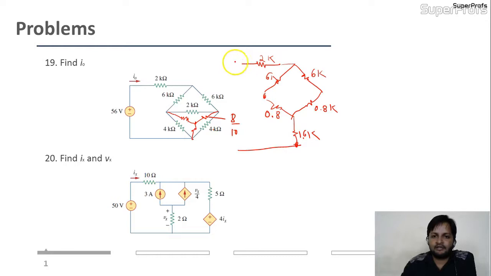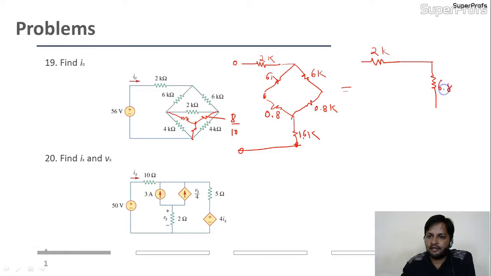Now the circuit is resolved. See, the 6K and 0.8K, they are in series. So you can replace this branch by a single element, and that element will be 6.8K. Is it okay? Your new circuit I'm writing, 2K. This branch is 6.8K in parallel with this one, which is also 6.8K, and here 1.6K.